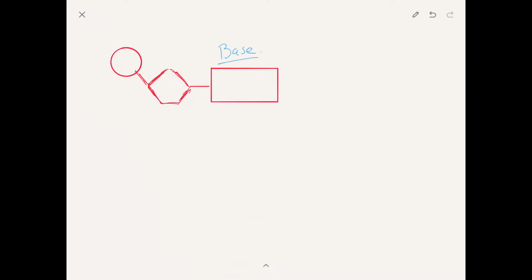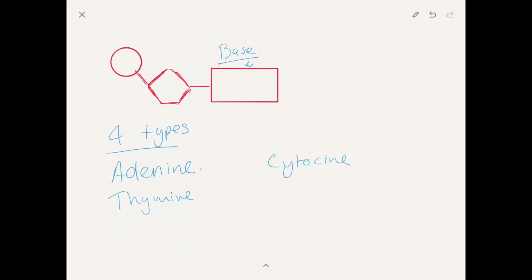The 4 types we have are adenine, which is the first type here, thymine, cytosine, and finally guanine.